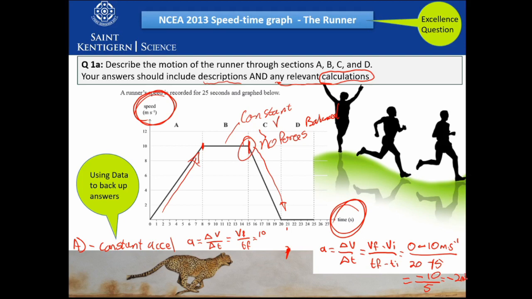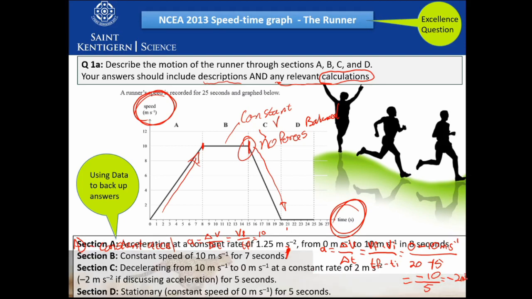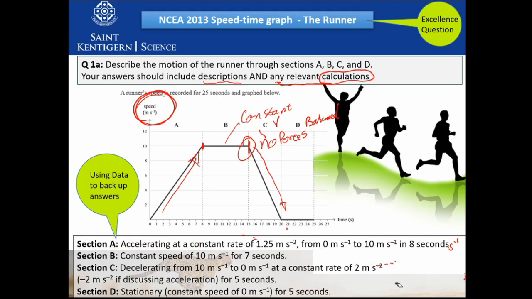Anyways, so let's check what the model answer says. And you can see here, section A, 1.25, like we said, and then section B was stationary, or not stationary, constant speed.